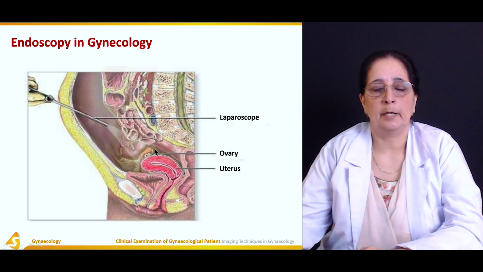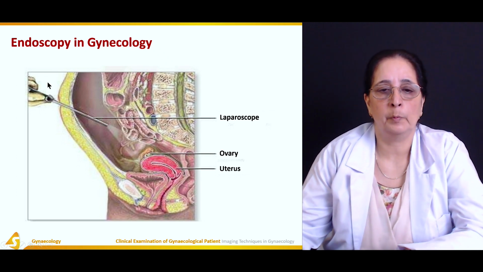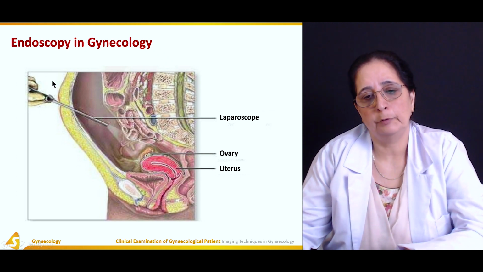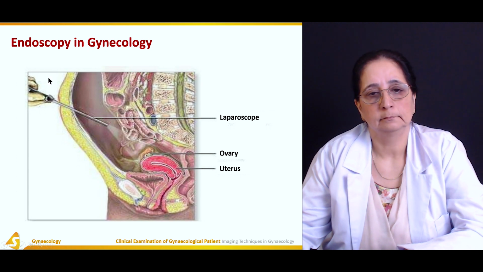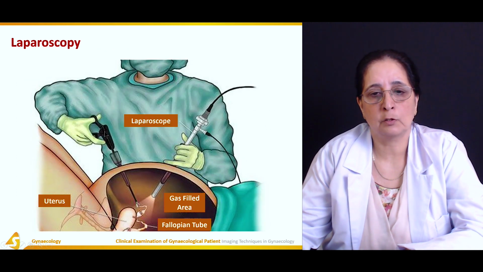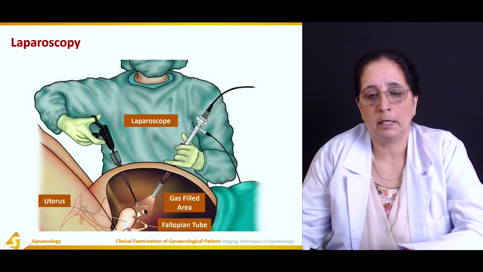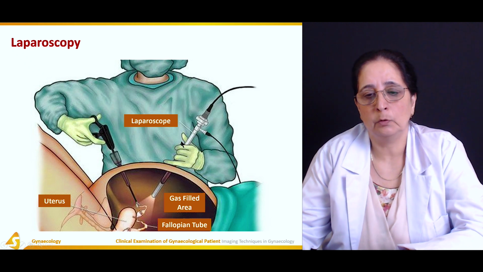So all these can be seen through the laparoscope inserted through the abdomen. Again, laparoscopy, through the abdomen, the laparoscope is inserted, and then different procedures are performed. Even tissues can be removed for biopsy through the laparoscope.